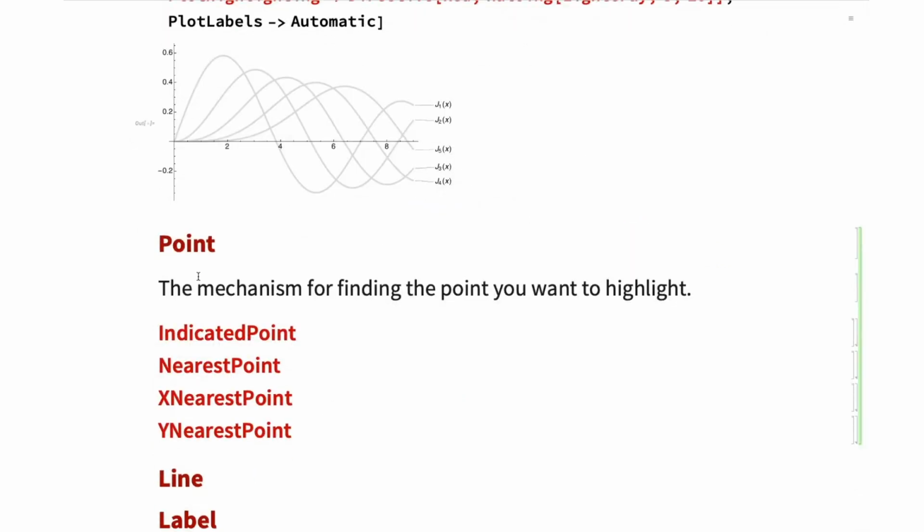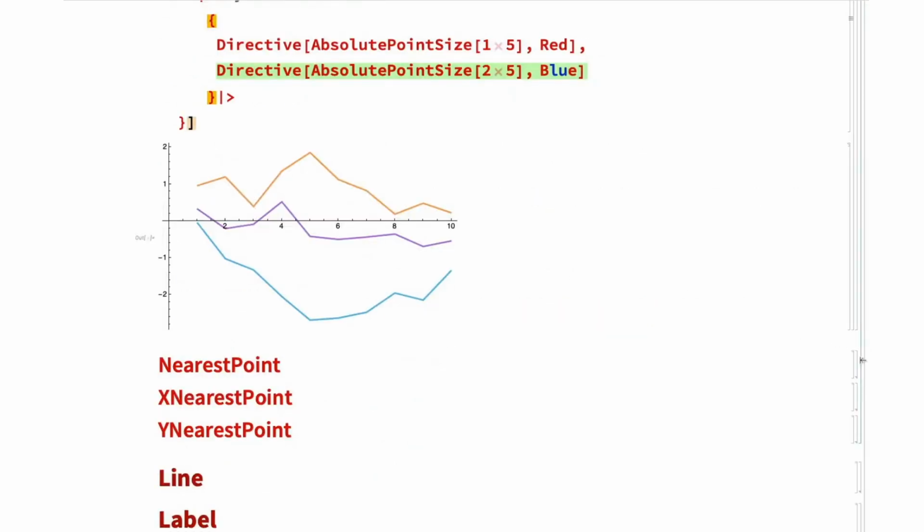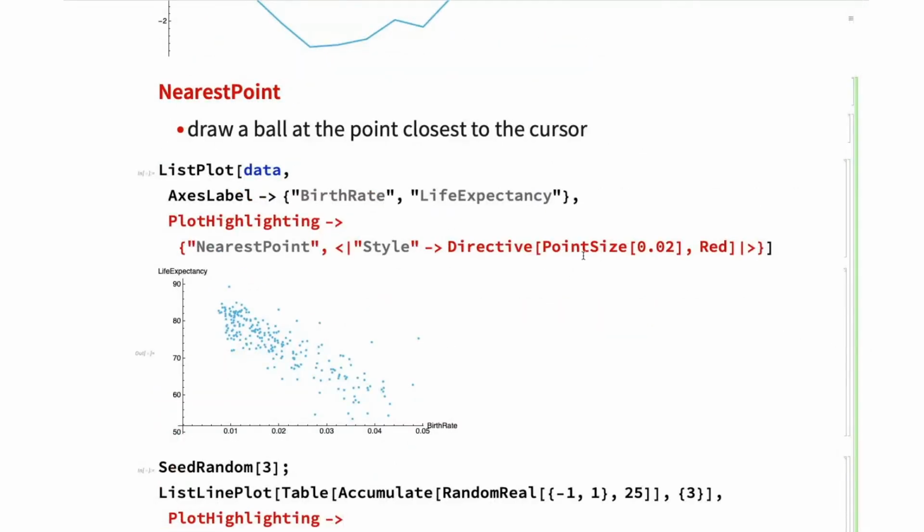And then is the point. The first one is, we call it indicated point. So it's finding the point closest to the cursor within a radius, and this radius is a preset radius. Okay, the second mechanism is called nearest point. It's going to always find a point as long as your mouse is within the graphics.